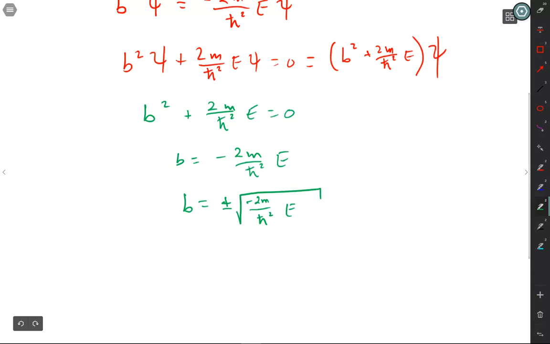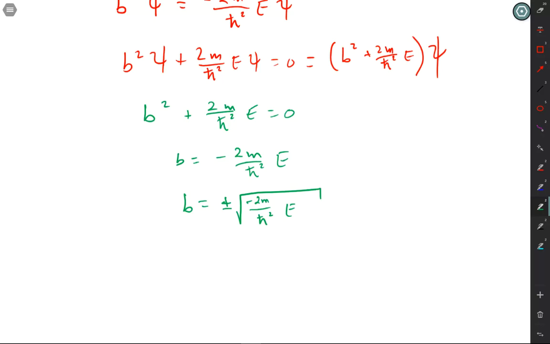And now we look at this and we say, well, goodness, if I was in grade school and my teacher gave me this, I would throw my hands up and say, this is impossible, because I have a square root of a negative value, right? The mass of the particle is always going to be positive. Planck's constant is a positive number. And I didn't specify this, I should have: the energy is greater than 0. If the energy was less than 0, that would be a different situation.